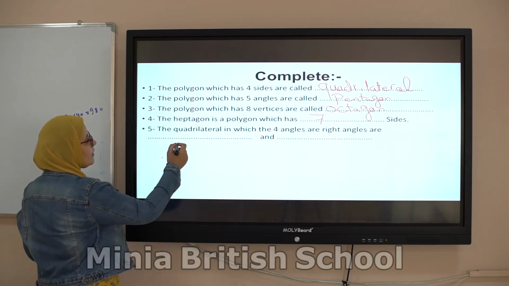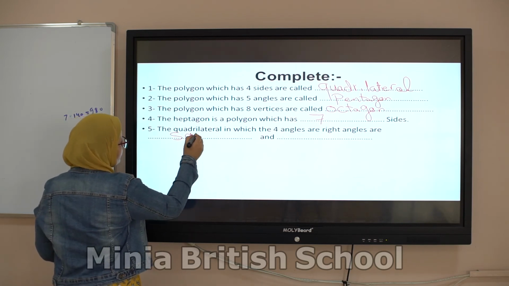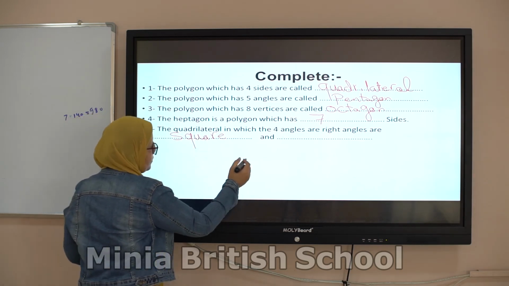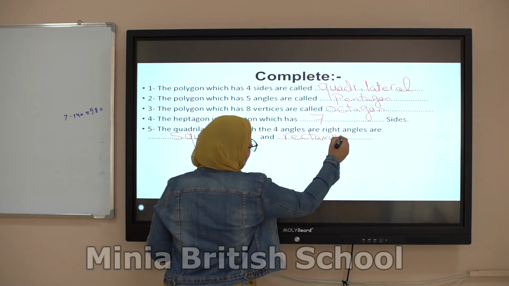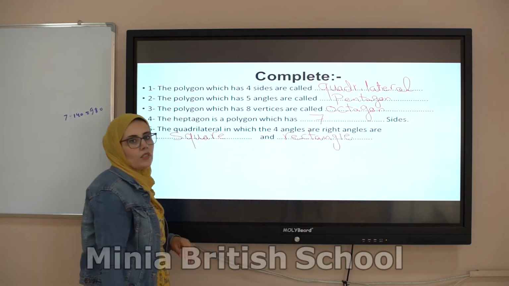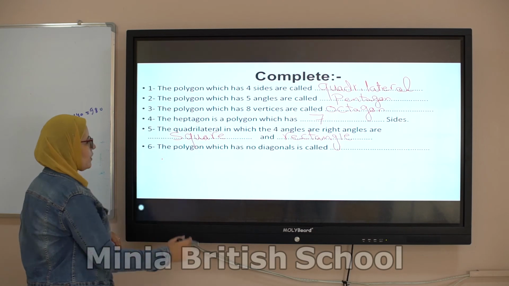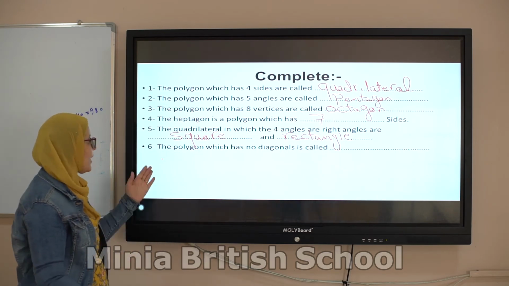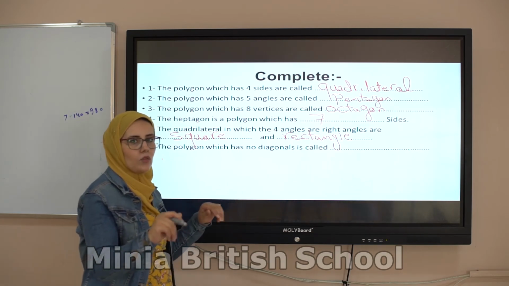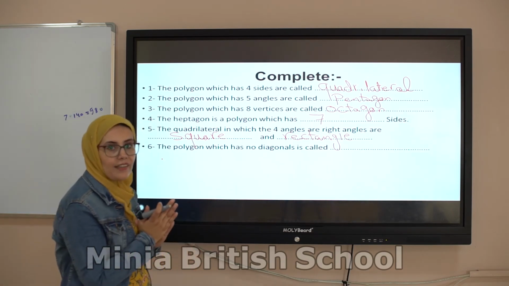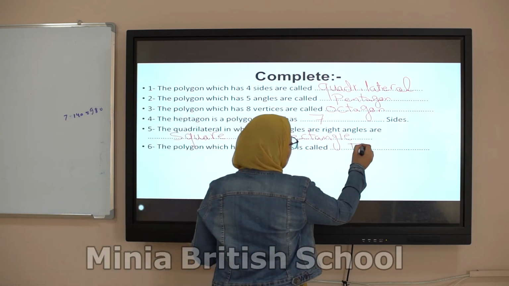It's square and rectangle. Both of them have 4 right angles. The next one. So you have to keep the property of each polygon well. Now, the polygon which has no diagonals is called what? Actually, the triangle. The triangle is the polygon which has no diagonals.